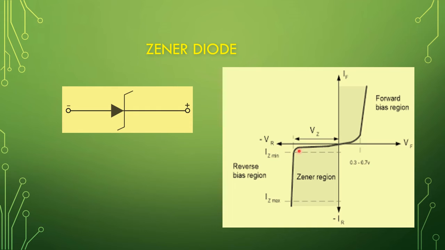But for the Zener diode, the reverse characteristic curve is very important, because when we increase the reverse bias voltage, the current increases, but only a very small current. This voltage is called the knee voltage, that is Vz. After the knee voltage, when we increase the reverse bias voltage by a small amount, the current increases sharply, and this region is called the Zener region.